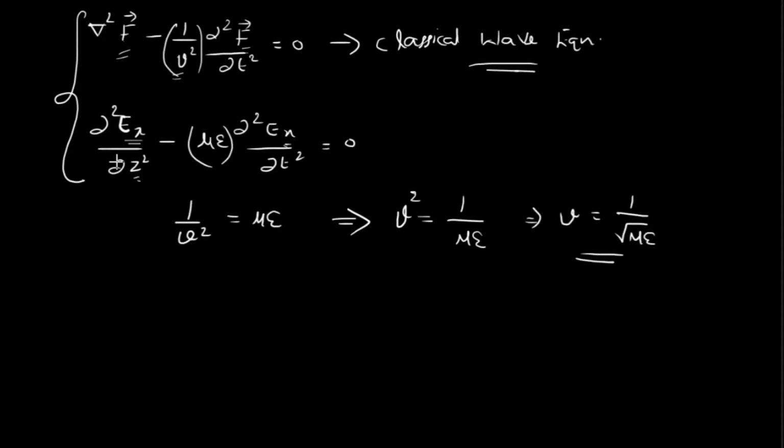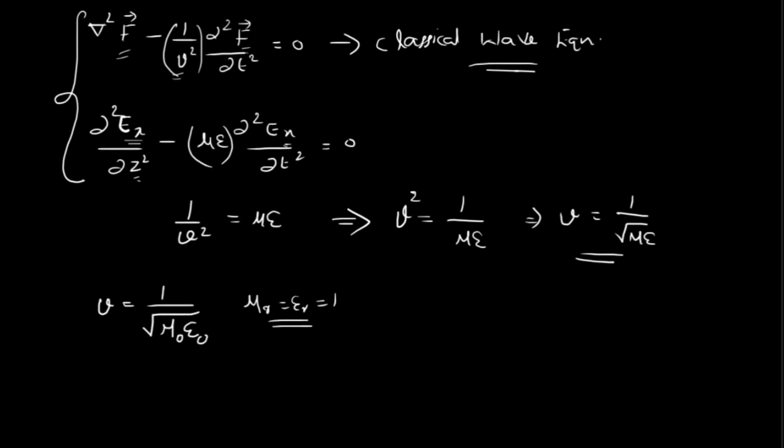And we are deriving this uniform plane wave in free space. We should not forget that: in free space, in a charge free area. So in free space, we know that mu is mu naught and epsilon is epsilon naught, because mu r and epsilon r both are 1 in free space. So this is nothing but 1 by square root of mu naught epsilon naught.